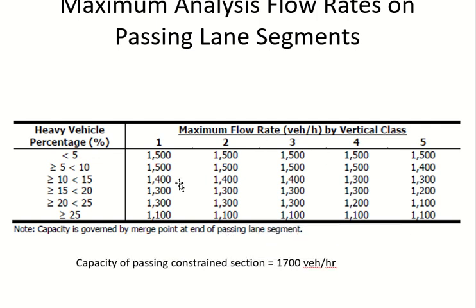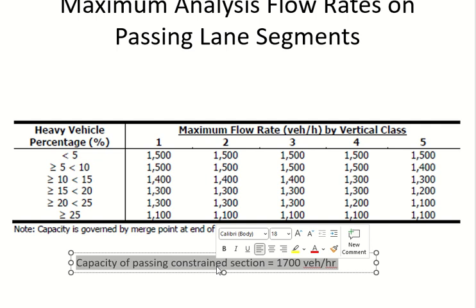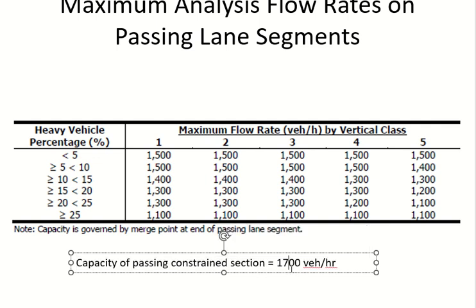If it was a passing lane segment, the capacity is more than 800, so level of service is not F. If it was a passing constrained segment or a two-lane segment, not having an extra passing lane, I'll look at this number, which is 1700. Whenever my flow rate is less than one of these values, either from the table or this number, then my level of service is not F.